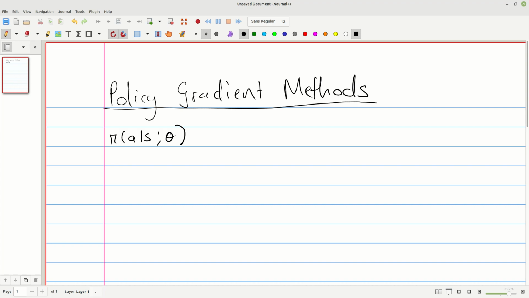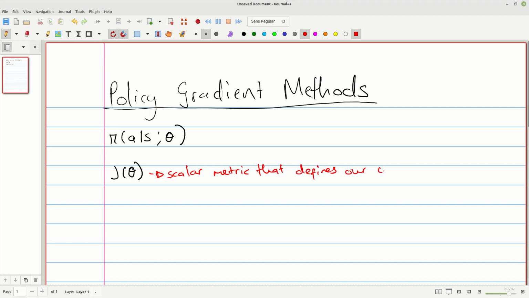So let's say that we are using a metric called J theta, and this is a scalar metric that defines our optimal policy.